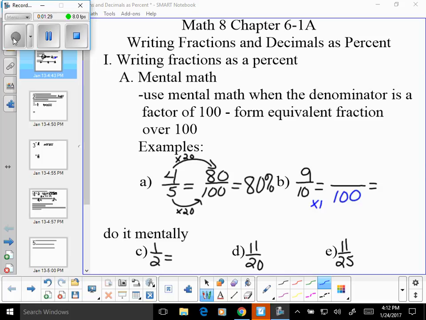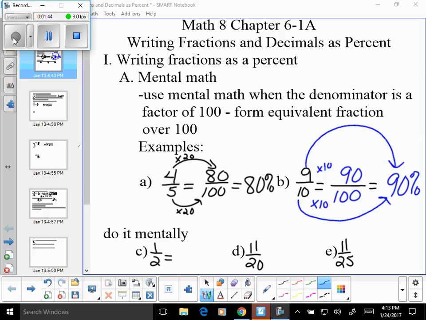Yes, it's 10. So I'm going to multiply the top number by 10 as well, and I get a numerator of 90, and that goes right to 90%. Now, here's the goal, though, is to go right from 9 over 10 to 90% with being able to do the 90 over 100 mentally.